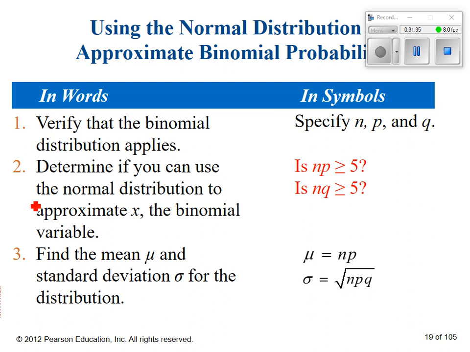To do all this, step 1, figure out what your N, P, and Q is. Step 2, determine whether it fits the approximation or not. Step 3, find the mean and the standard deviation. Those 3 things, that's all we're doing every single time.